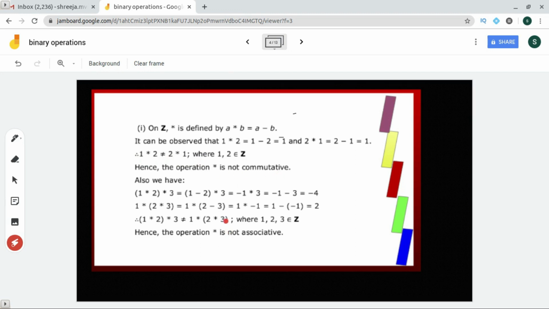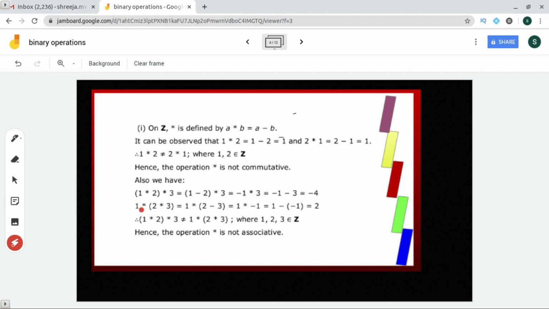Now to check whether star is associative, we have to take 3 elements, any 3 elements of the set. Here I have taken 1, 2 and 3. (1 star 2) star 3: 1 star 2 is 1 minus 2, which is minus 1. Star 3, that is minus 1 minus 3, which is equal to minus 4.